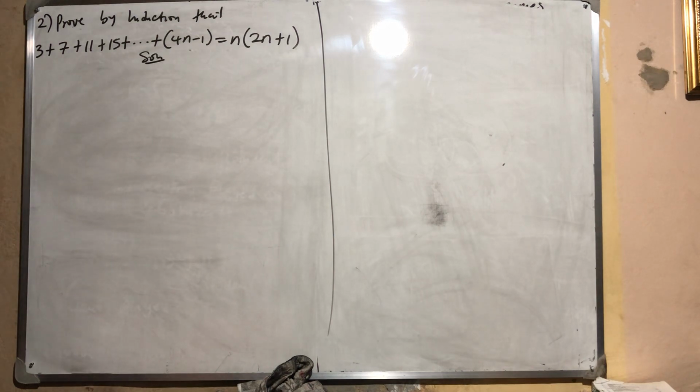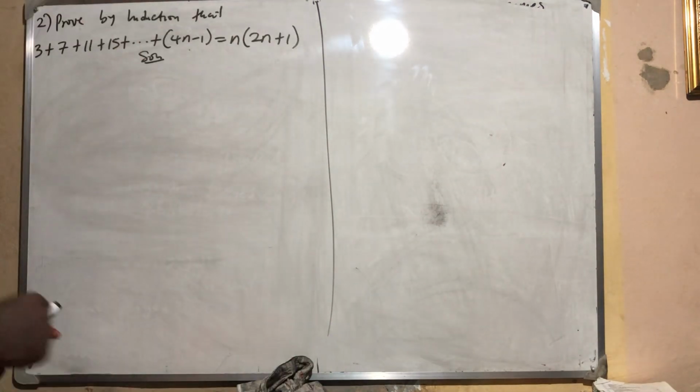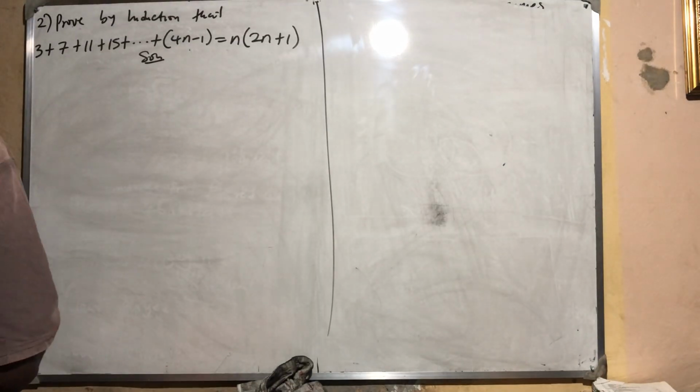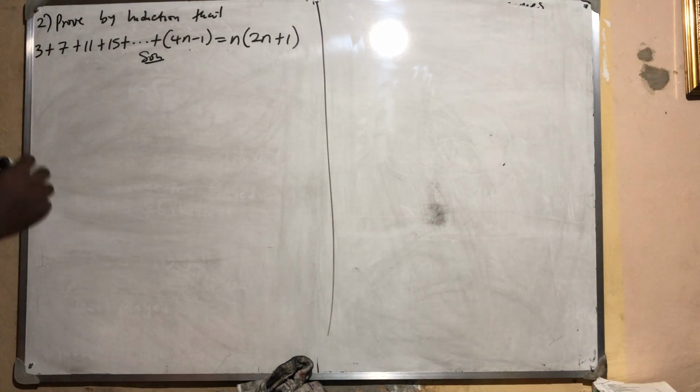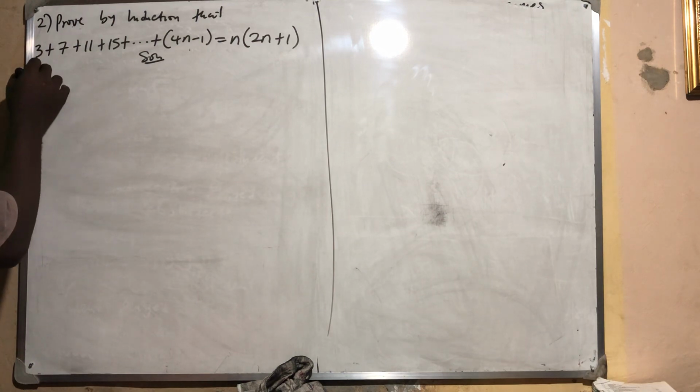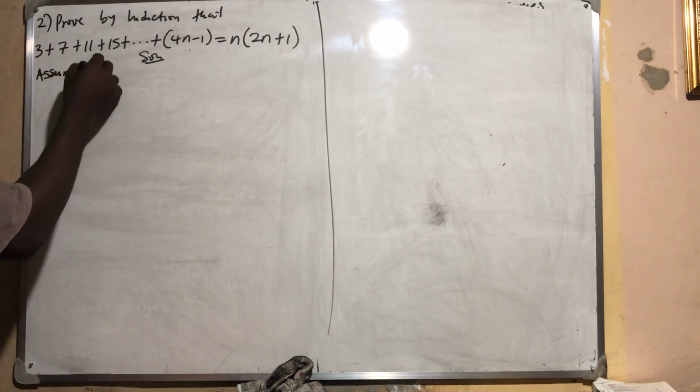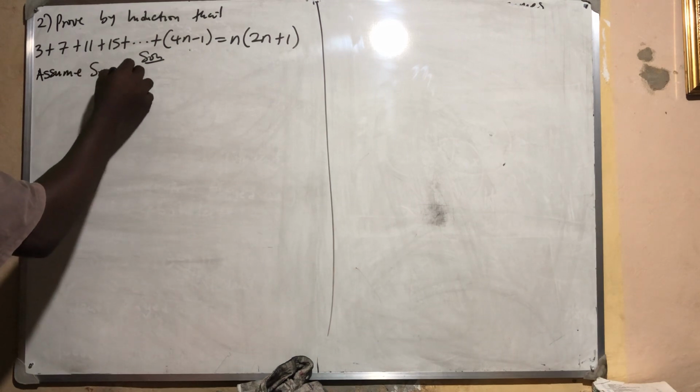Now we have 5 stages of mathematical induction. Okay, 5 stages of proving an equation or a sequence by mathematical induction. And the first one is to assume Sn statement is true.